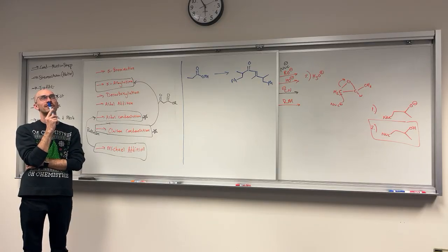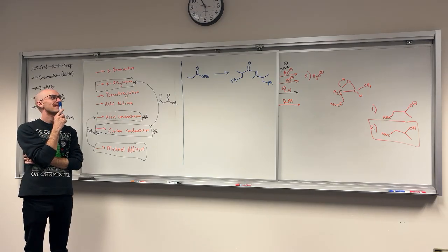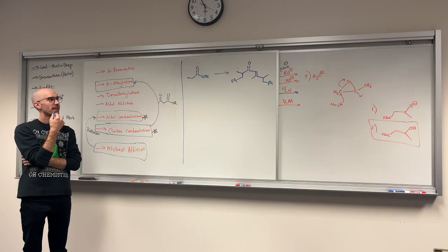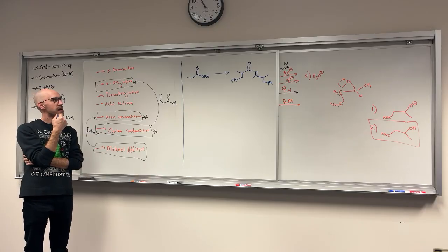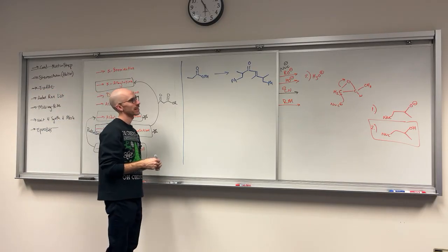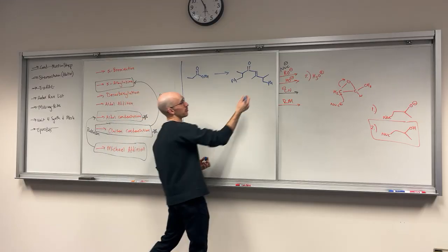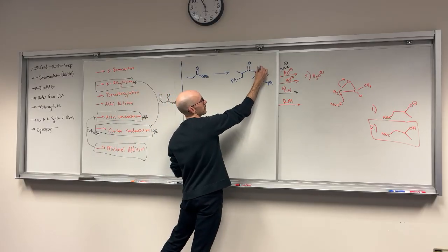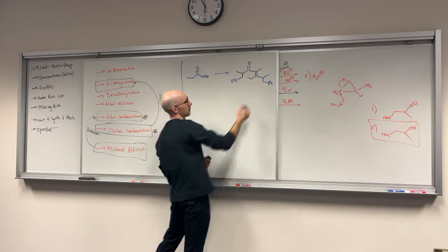Trying to make sure I didn't screw up. I think I'm missing a carbon. Yeah. I think I am missing a carbon. Actually, two. I think it would be this carbon and this carbon.